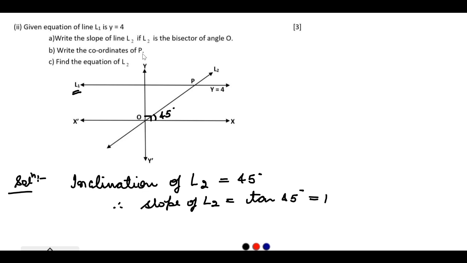Write the coordinates of P. P is the intersecting point of L1 and L2. Find the equation of L2. First of all, we are finding the equation of L2.